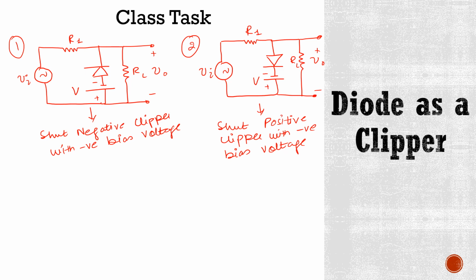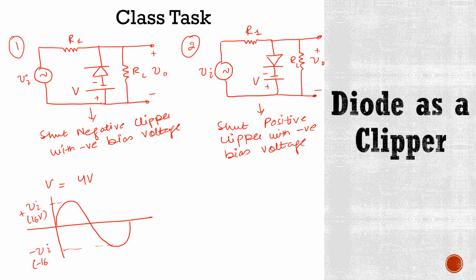And here V in both of these circuits is 4 volts, and if this is your input signal where this is plus Vi and it is 16 volts and this is minus Vi which is minus 16 volts, then what would be your output waveform in both of these circuits? This is your class task.